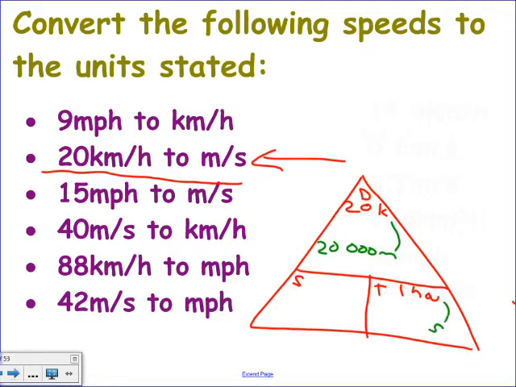How do I get from hours to seconds? 60 times 60, which is 3,600. So my speed is 20,000 divided by 3,600, which is 5.5 metres per second. Doddle, isn't it? And that would be the hardest question on measures that they could give you, especially compound measures.